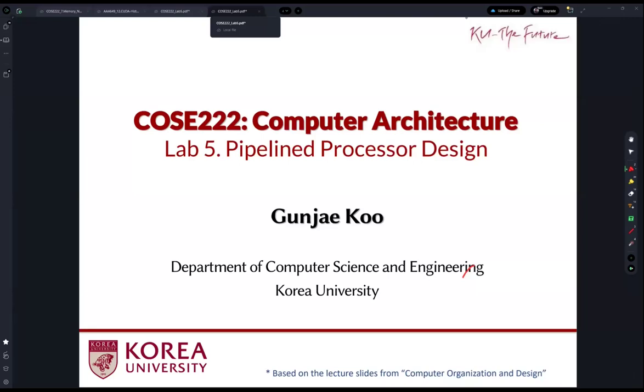You can find that the lab document includes much information, right? It explains the important design principles.